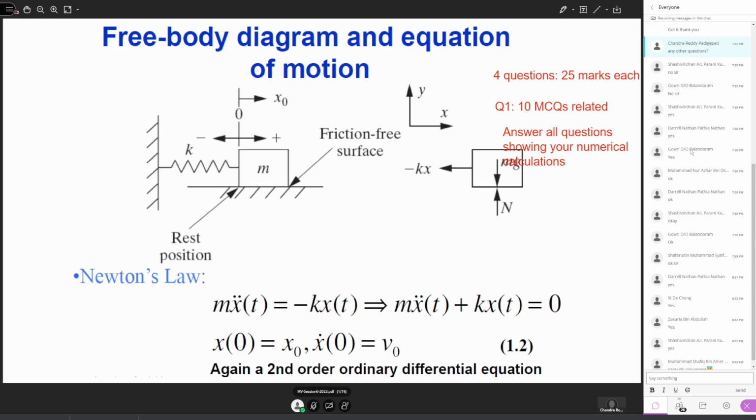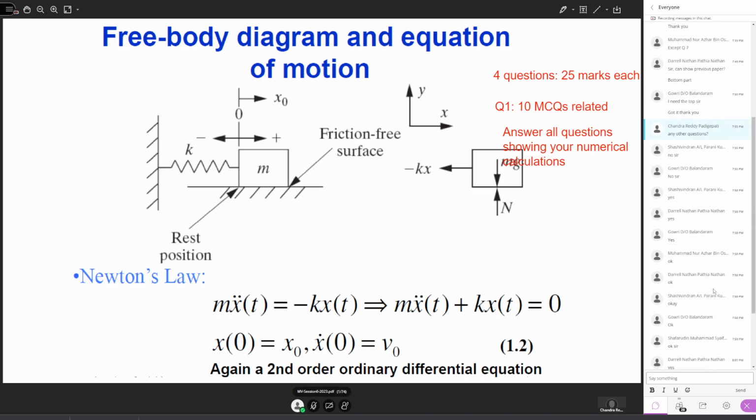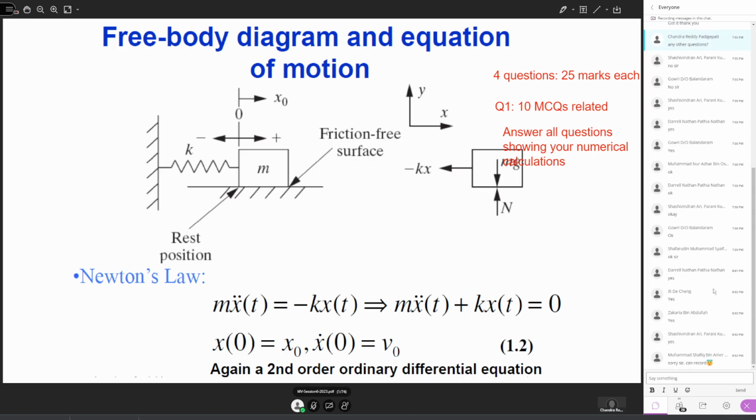So the second part, you will have to answer the second question. You have to draw the free body diagram and you have to do the energy method and derive equation of motion.